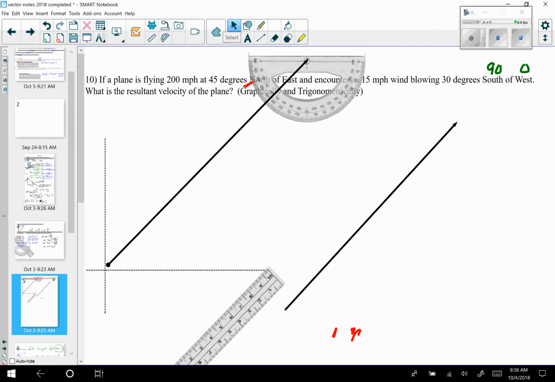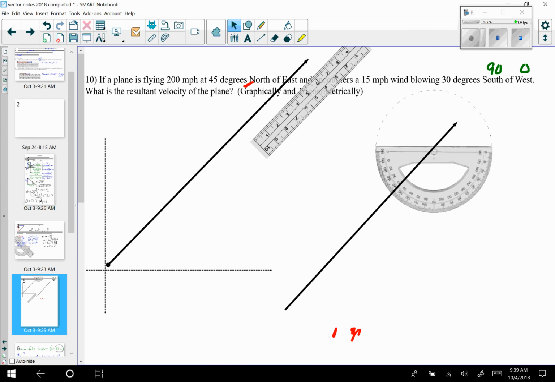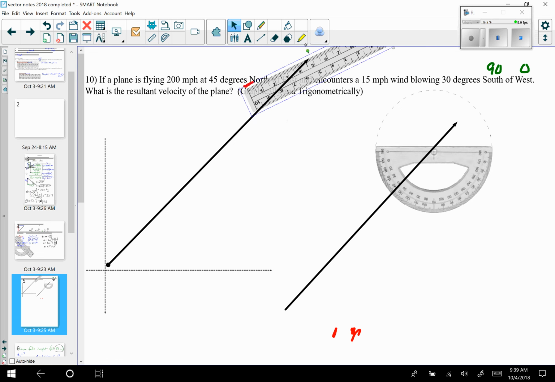Well, now what I want to do is get my ruler and line it right up next to that red line up there. This is so hard to do on a smartphone.